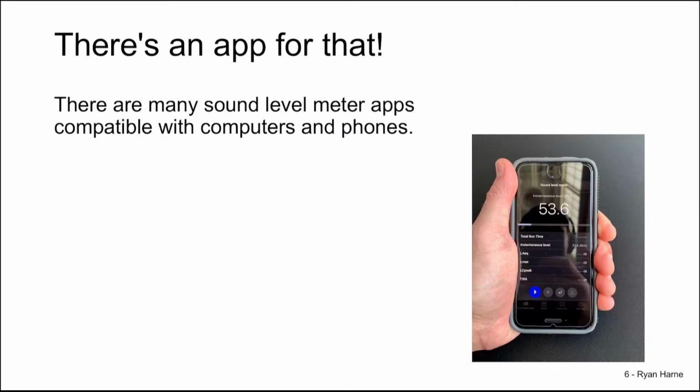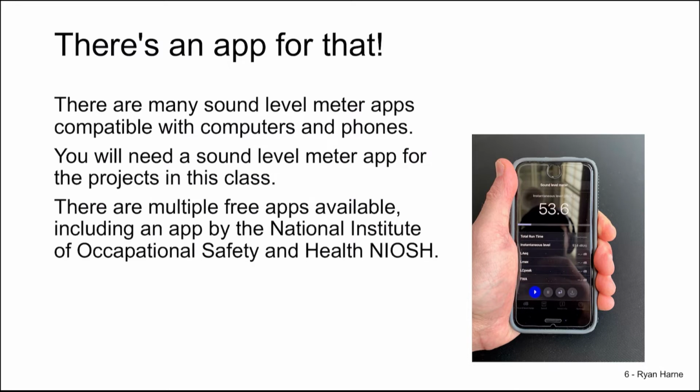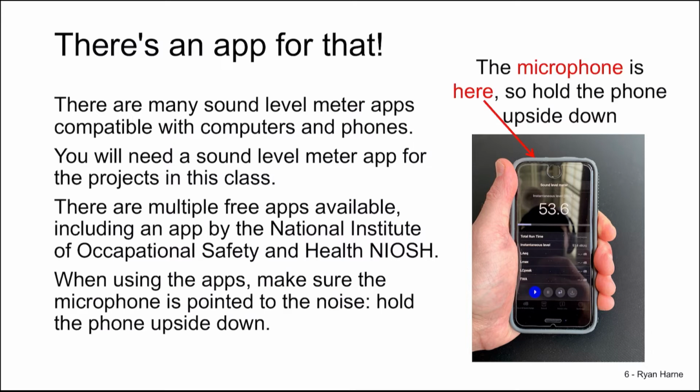There are many sound level meter apps widely available for use on computers and cell phones. You'll need a sound level meter app for the projects that we'll undertake in this class. There are many free apps as well, even from the National Institute for Occupational Safety and Health, the NIOSH in America. One thing to note, when you're using the app, make sure the phone is upside down.